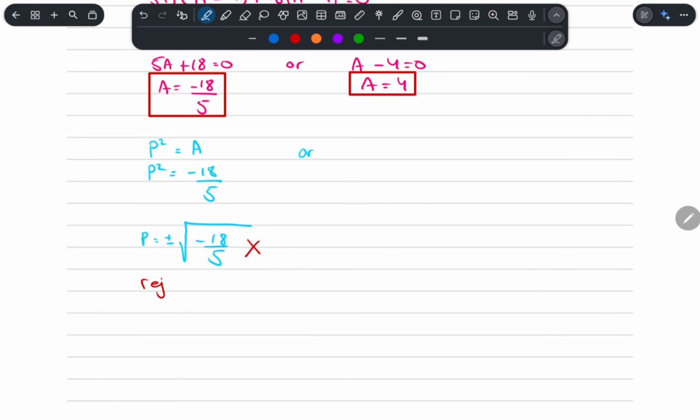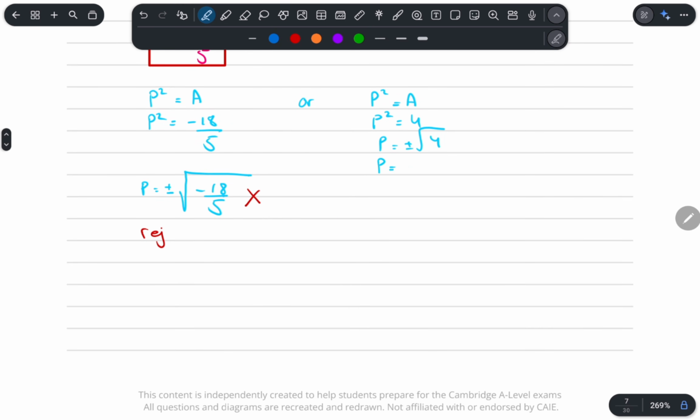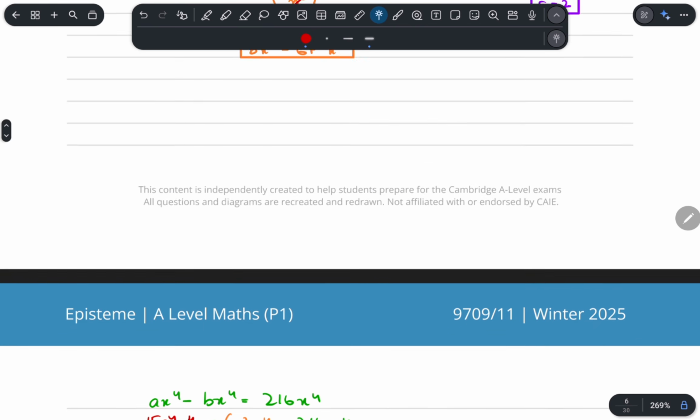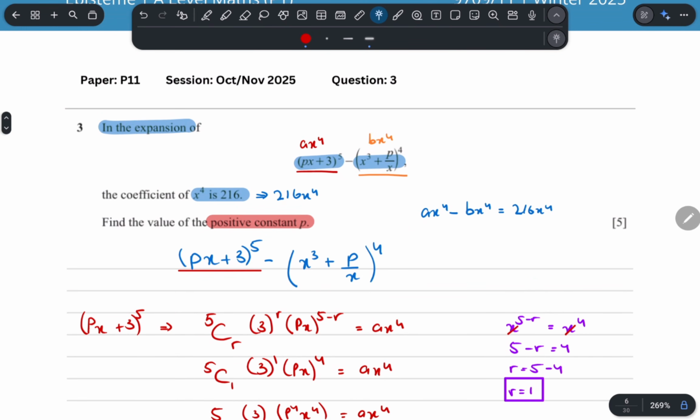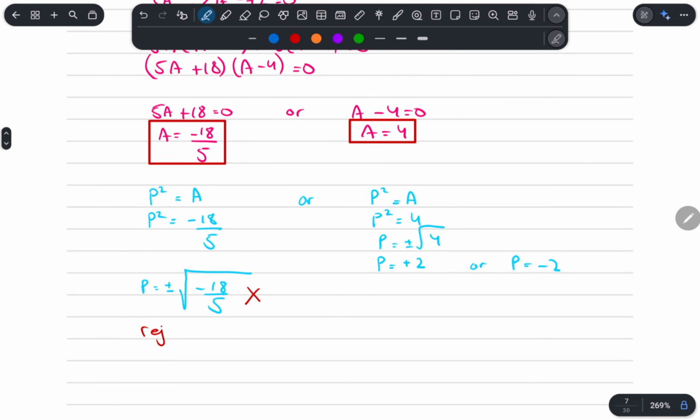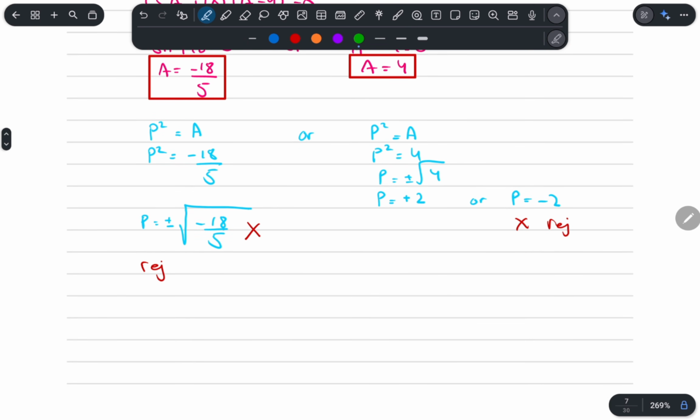On the other side, p squared equals 4, p equals plus minus under root 4, p equals plus 2 or p equals minus 2. Now again we have two values, but if we go back to the question, we need to find the positive value of the constant p. So the negative will be rejected, and our final answer will be p equals 2.